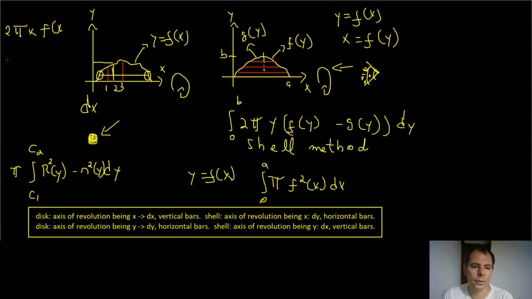And if you want to rotate this around the y, the shell method is better. Now, if you want to rotate this around x, the disk method is better. And that's it, guys. We're going to do some exercises in the next video.